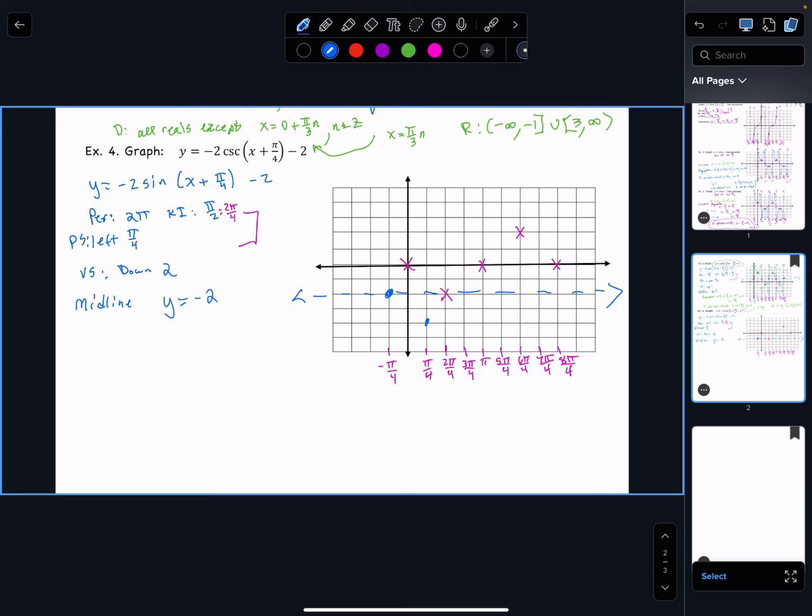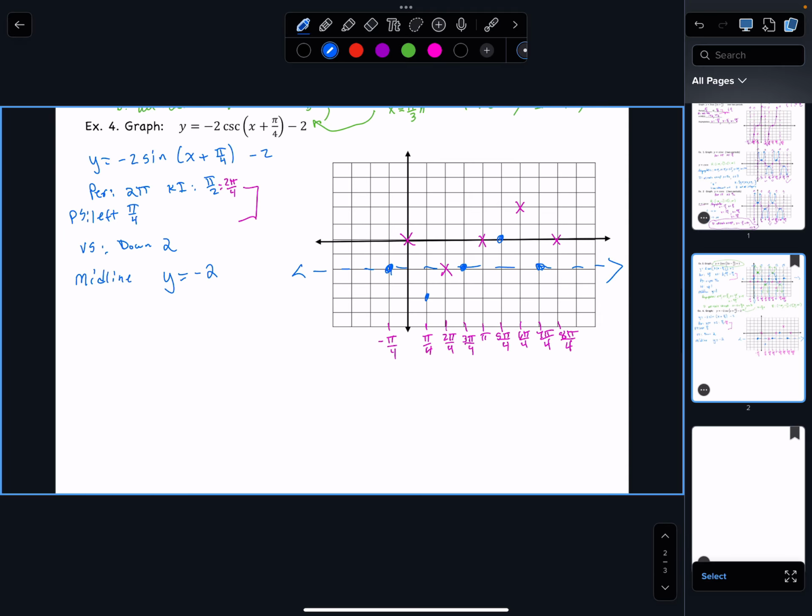To the left 1 and down 2 puts a point here. Left 1 down 2. Left 1 down 2. Left 1 down 2. And here would be your shifted, reflected sine graph.